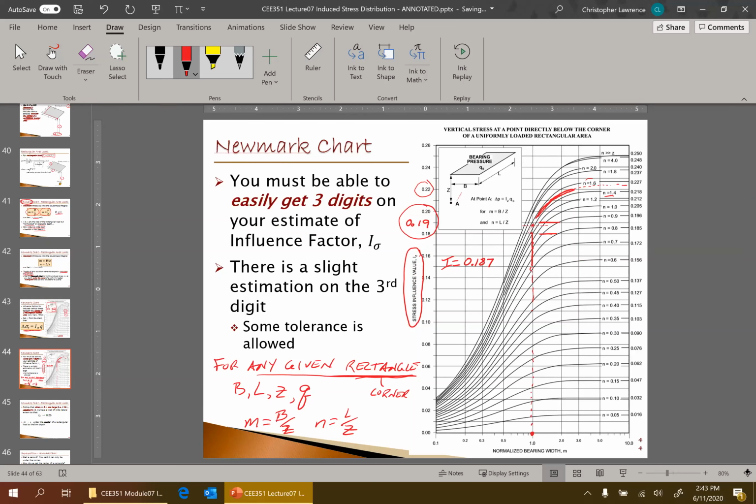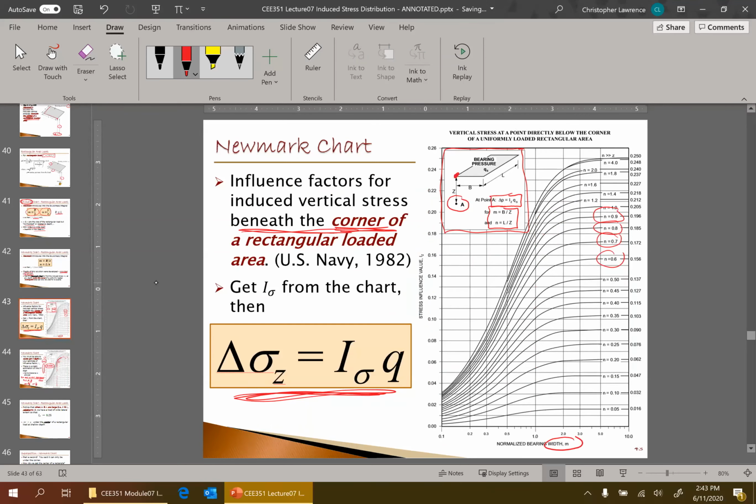So for this particular case, I would say I equals 0.187. Then I can take that and put it in right here. Induced stress equals I times Q, now that I know I. All right? Let's do another situation. One more.